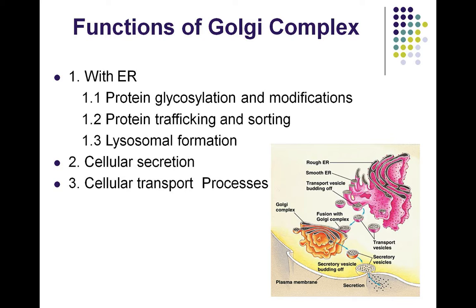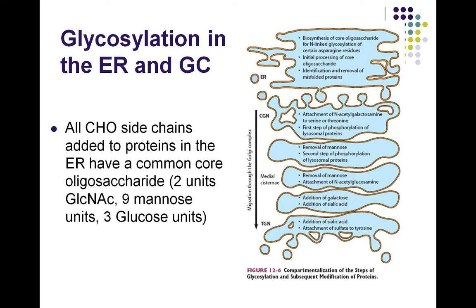Okay? Now, let's first examine, as promised, glycosylation. We've talked about glycosylation in the endoplasmic reticulum, and we've defined it as a process where carbohydrate chains are attached to amino acids of a polypeptide chain.